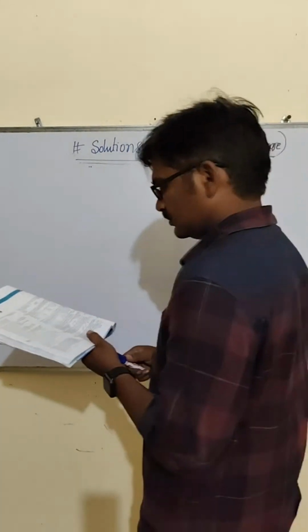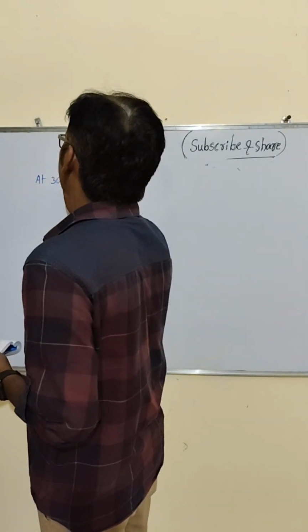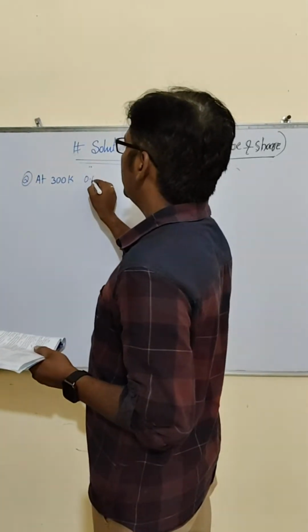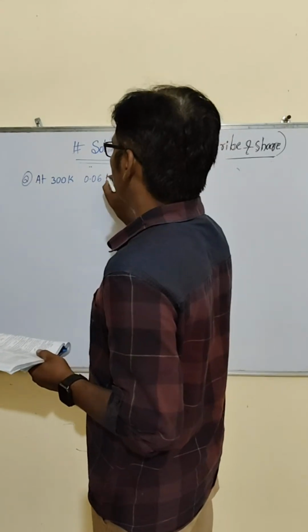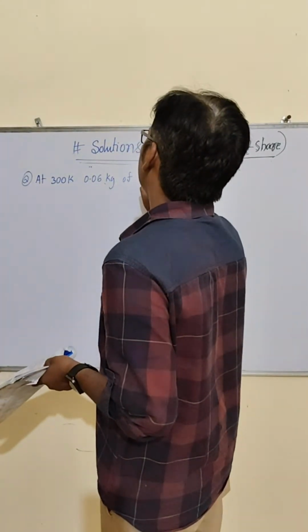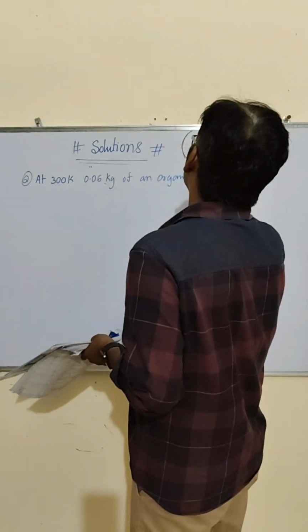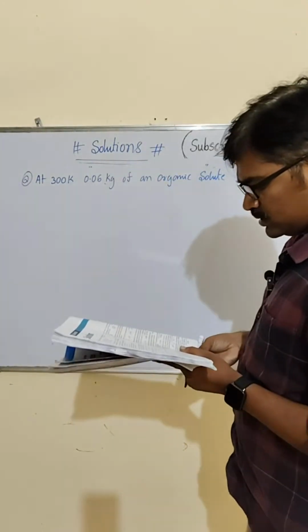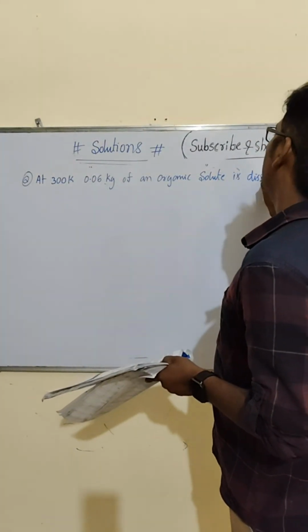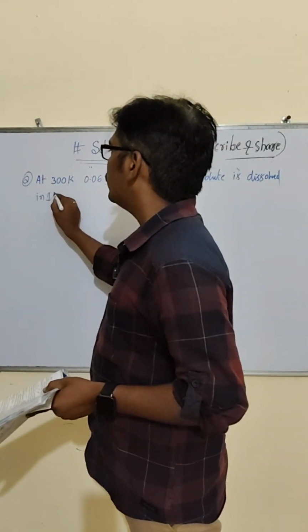At 300 kelvins, 0.06 kg of organic solute is dissolved in 1 kg of water.